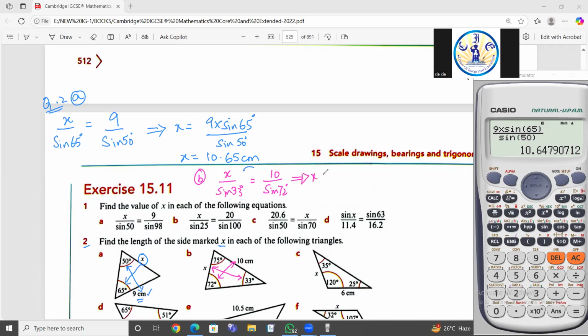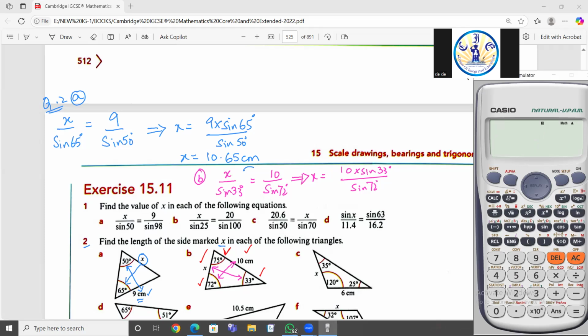So that gives us 10 times sine 33 whole divided by sine 72 degrees. In this question, you need to observe that we haven't used this angle 75 because it is not involved in the given scenario. We are given the side and we need to use the angle opposite to that side, and the same goes for this pair.